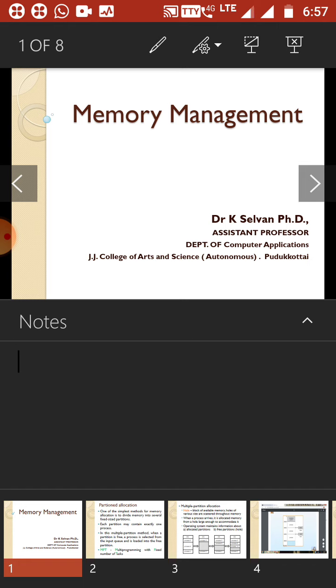As per the concept of single contiguous memory management technique, the entire user memory area is treated as a single partition or a single block, so at a time only one user program is allowed to be loaded and executed.